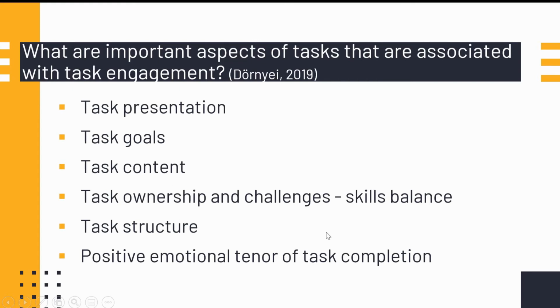Task content should be something that students are interested in. Although it has a very clear real-world goal, if the content is boring or not relevant to students' interest, they might not be engaged with the task or stay motivated during the task.